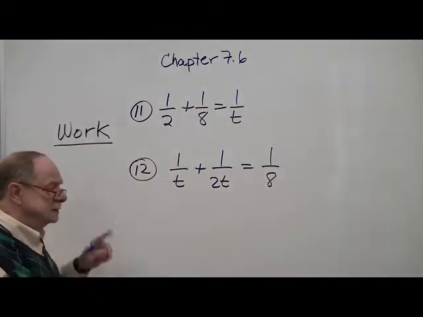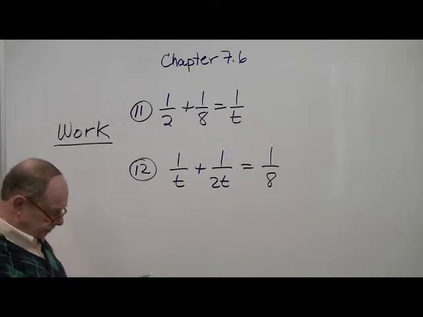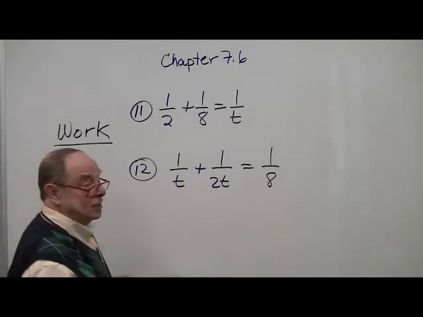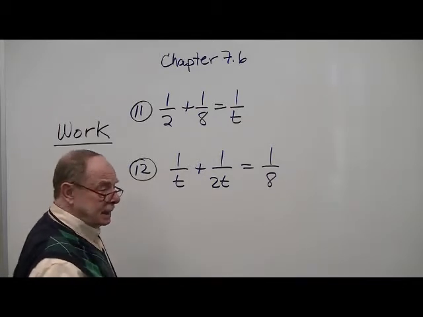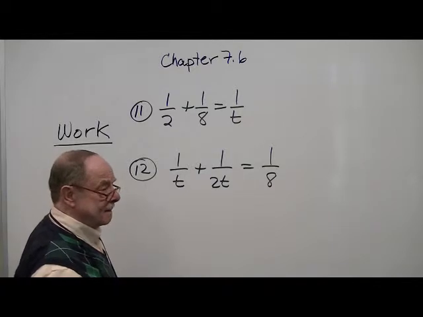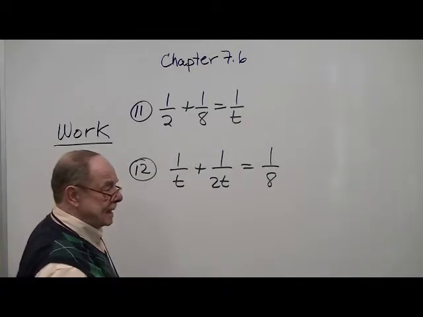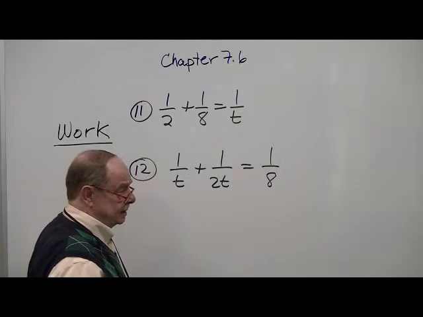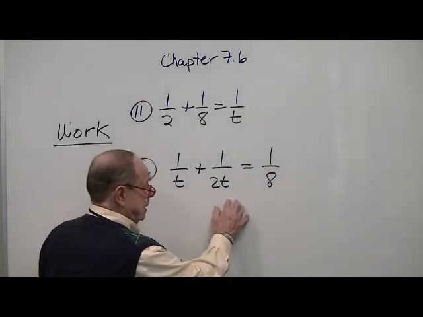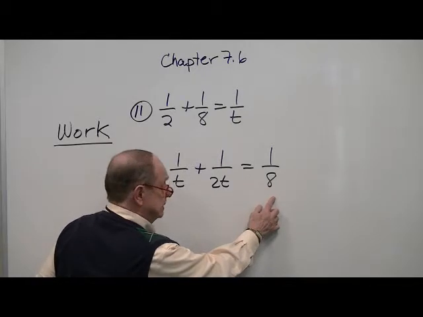Number 12 is a little different. It says one housekeeper can clean the room twice as fast as the other. Together, if they're working, they get it done in 8 minutes.